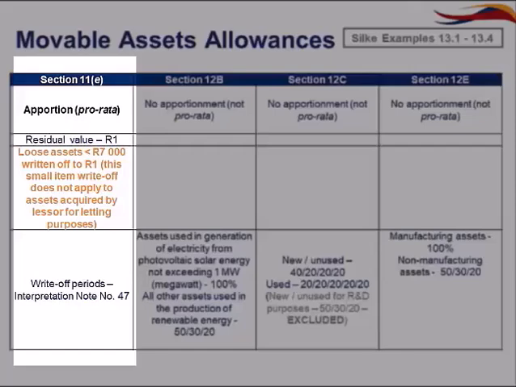So let's say a boardroom table and chairs. If you took each chair, they would be less than 7,000, but if you look at the boardroom table with the chairs, it would exceed 7,000. So in that case, you would not be allowed to use the loose assets rule. We get our write-off periods for section 11E in interpretation note 47 or general binding ruling number 7.